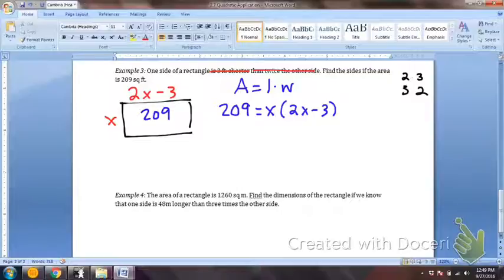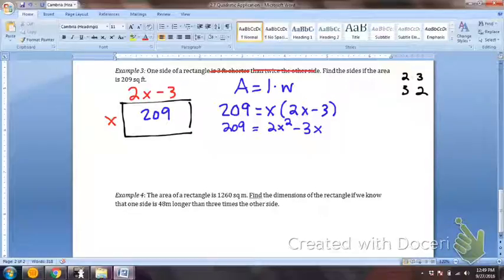Is this a problem you can handle? I would say yeah. What do we need to do first, do you think? Good. Distribute the x. Okay, so let's distribute the x first. And this should look familiar to us now.